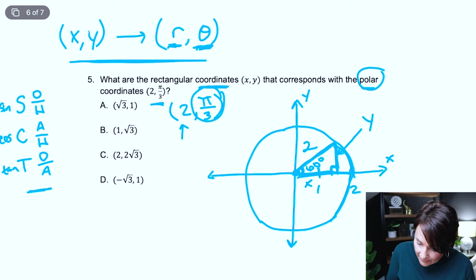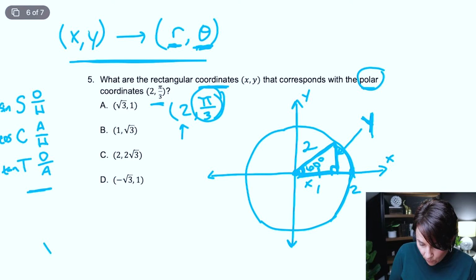If theta is right down here, I'm looking for opposite over hypotenuse, because I have my hypotenuse here. My hypotenuse is 2. So my y is actually going to be sine, right? Because sine is opposite over hypotenuse.